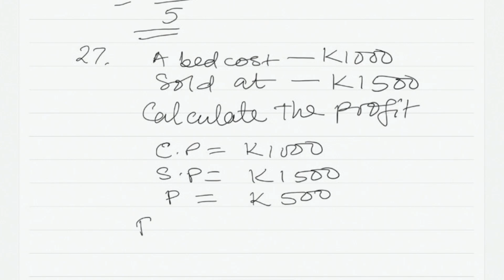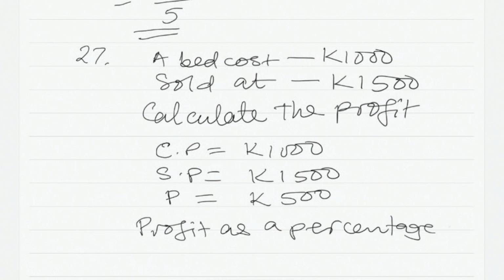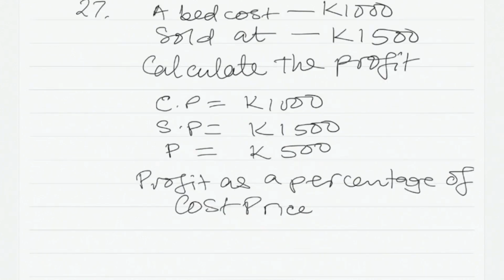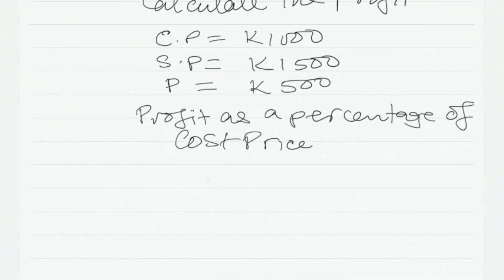So profit as a percentage of cost price is going to be, the cost price is 1,000 kwacha.